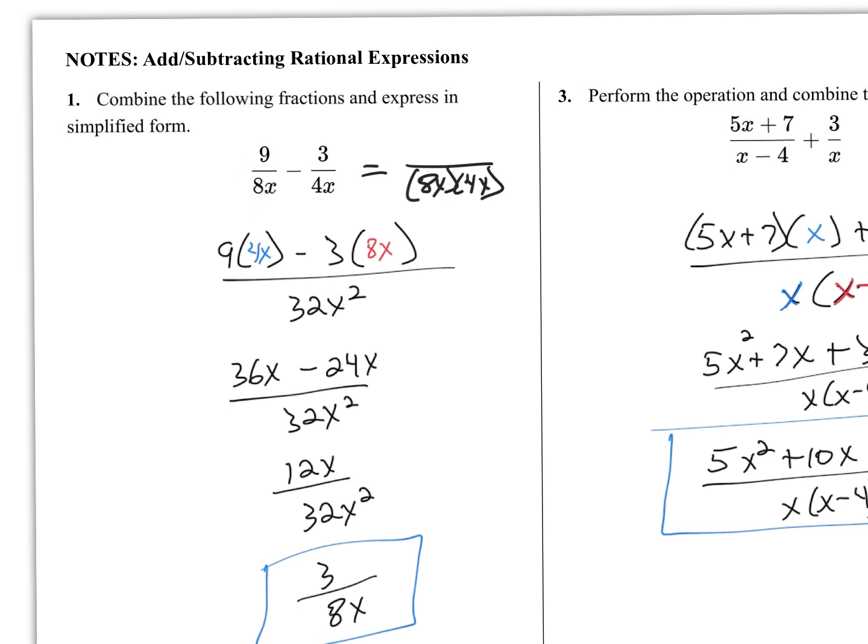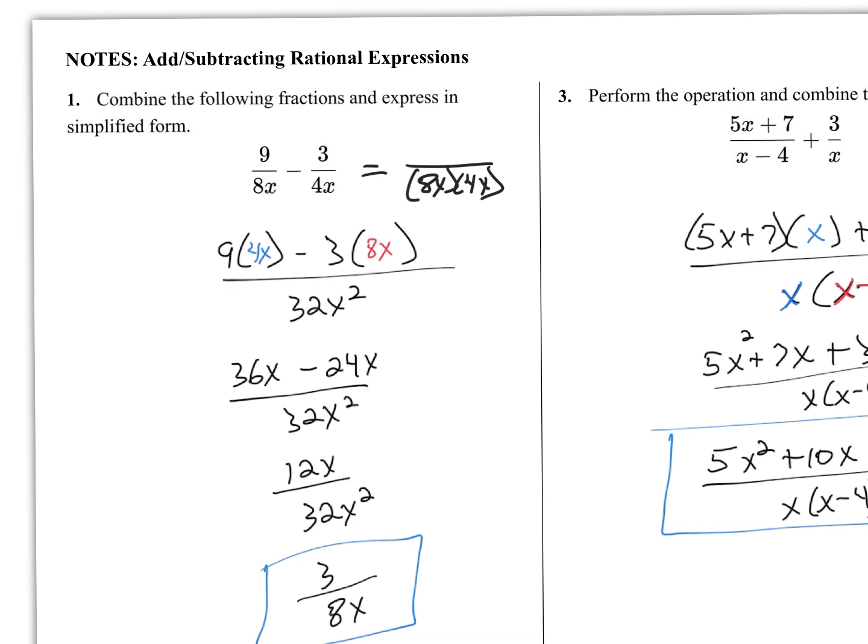So in this first fraction, since the 9 is already over 8x, all we have to multiply the 9 by is the 4x. So 9 times 4x is right here. And then minus the 3 is going to have to be multiplied by 8x.